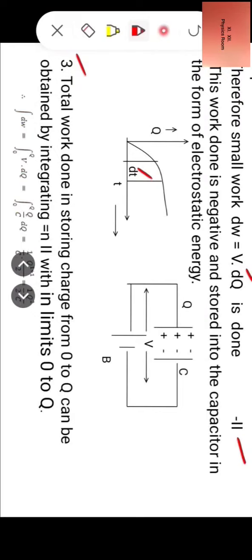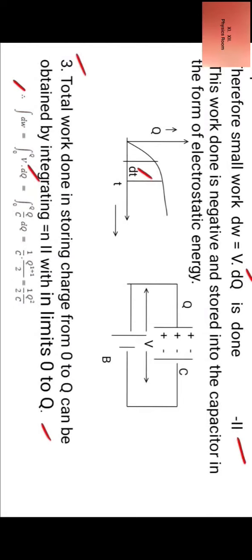3. Total work done in storing charge from 0 to Q can be obtained by integrating equation 2 within limits 0 to Q. Therefore, integral of dW is equal to integral of V dq from 0 to Q, which is equal to integral of q by C dq from 0 to Q, because we have replaced V as q by C here.